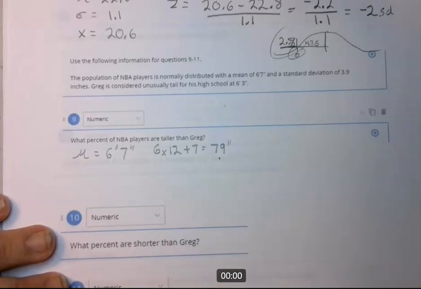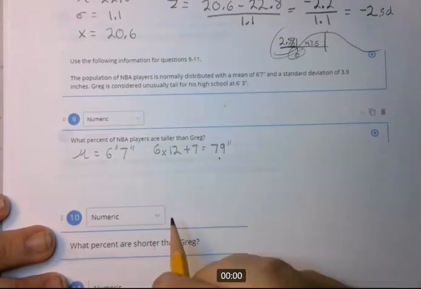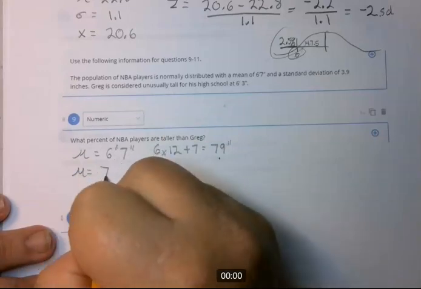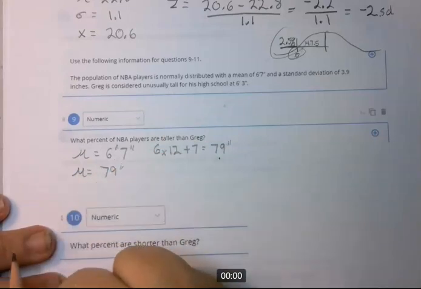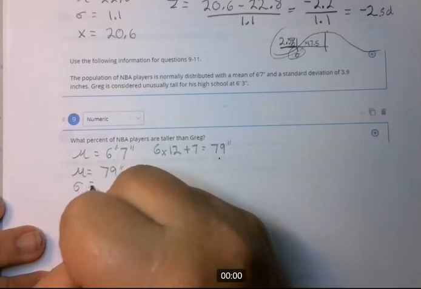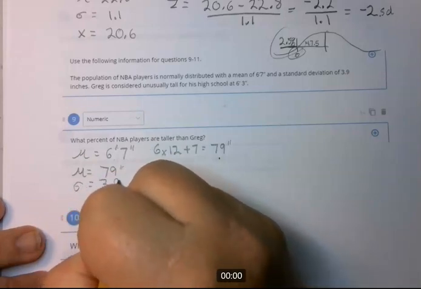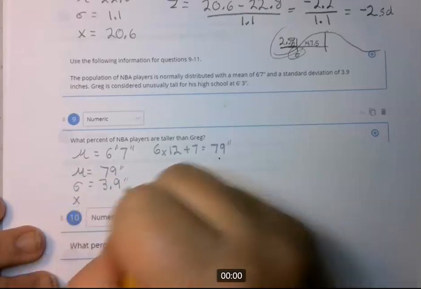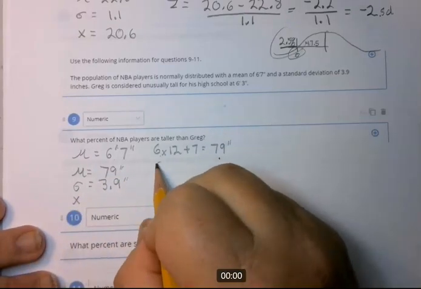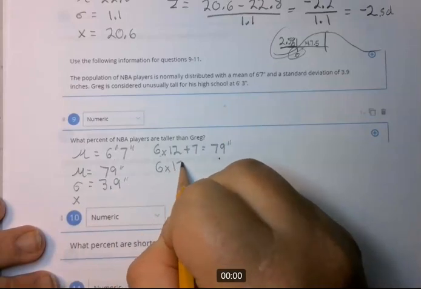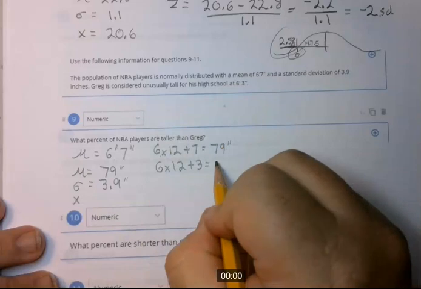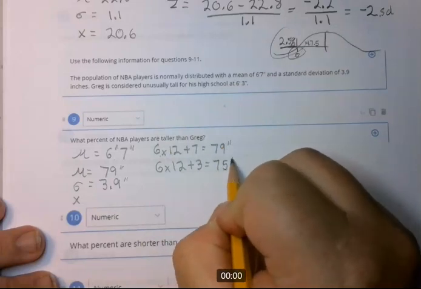Okay. Now everything is in inches, so you can now work the problem. So mu, we're going to say, is 79 inches. The standard deviation is 3.9 inches. And Greg is 6 foot 3 inches, so that's 6 times 12, this is Greg, plus 3 more inches, and that equals 75 inches.